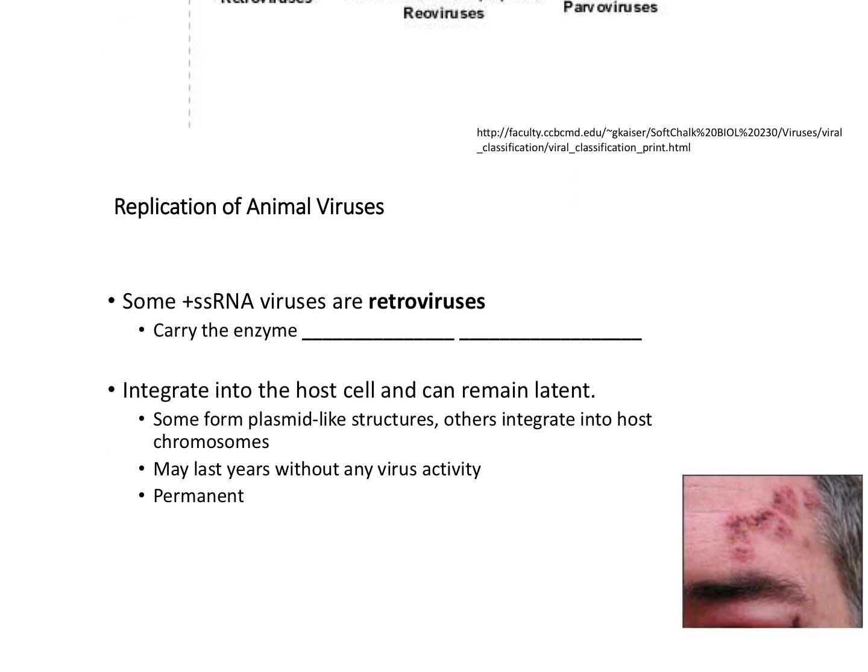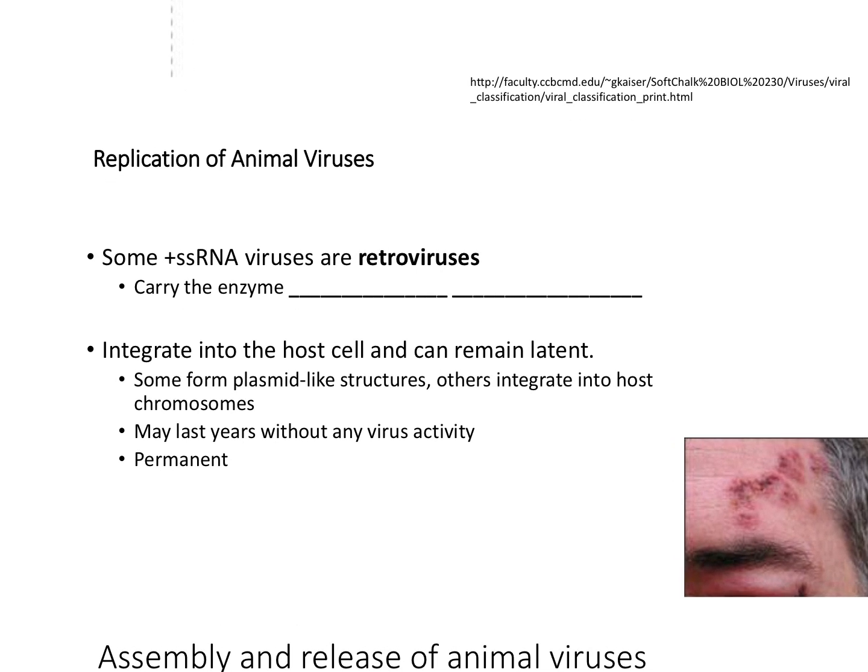Now, there are some viruses that have a little bit of a different strategy. Some of them are called retroviruses. HIV is the most famous example of a retrovirus, but there are others. They carry an enzyme called reverse transcriptase.